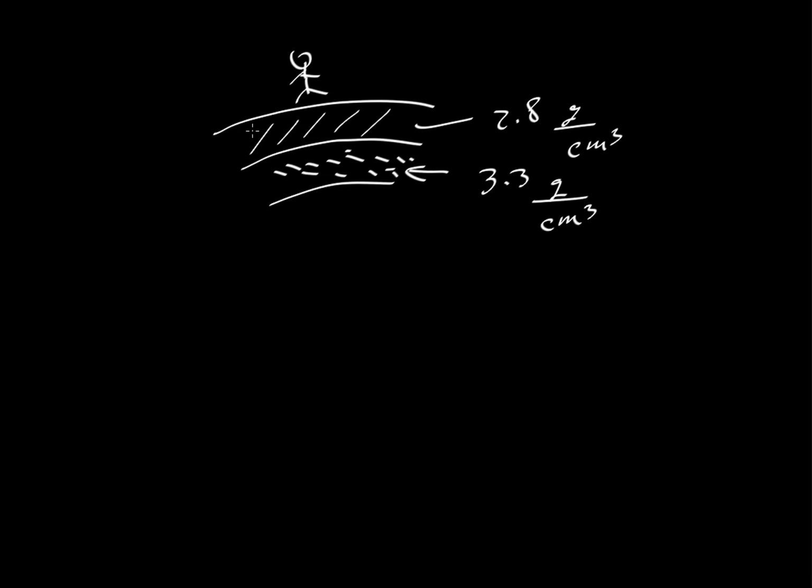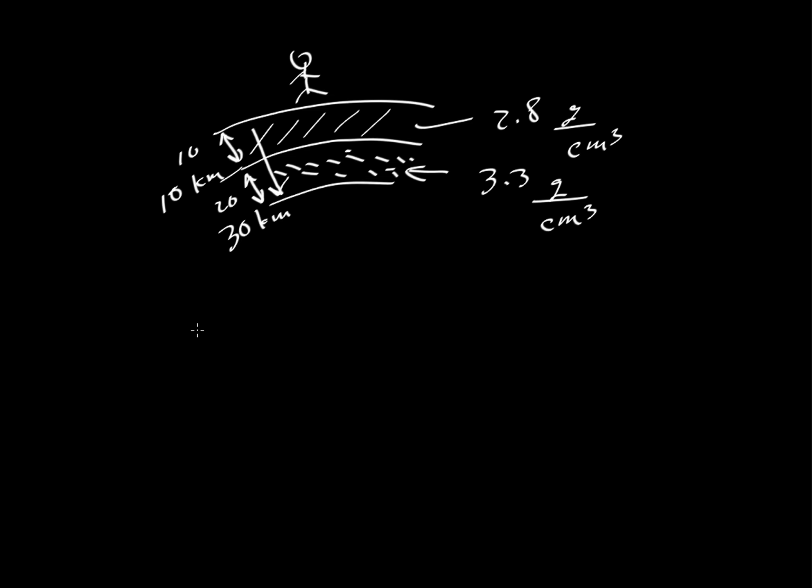And let's say we still want to know the pressure at the depth of 30 kilometers, but let's say this boundary is at 10 kilometers. I'm not really drawing it to scale, but let's say we have 10 kilometers of crust and then 20 kilometers of mantle with two different densities.